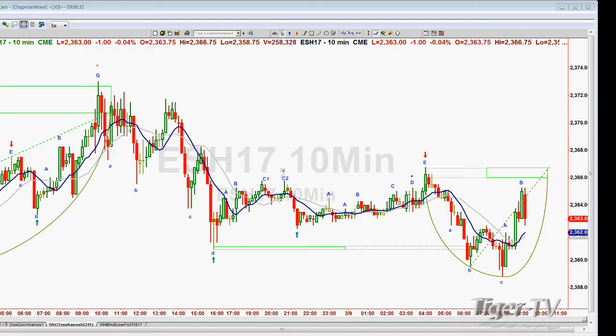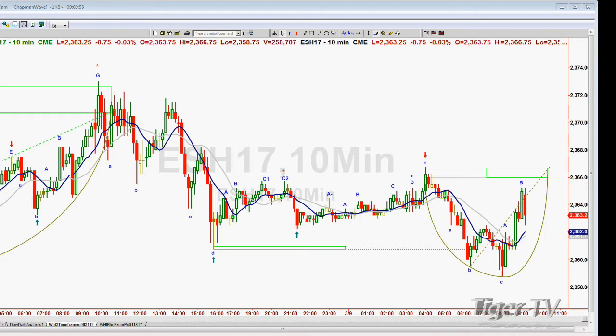What's really important is that these are the Chapman wave rules, so it really is not dependent on the Fibonacci numbers or the Gartleys or anything like that Larry uses.